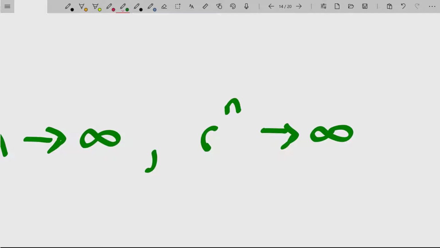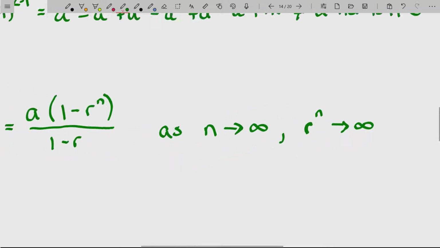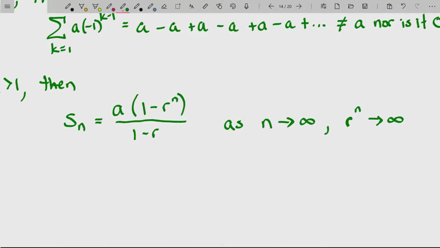If you have a number like 1.2 for r, and you let the power get massive, that number will be huge. If you have a number like -1.2 and you raise it to a massive power, that number will be huge. So because of that, this partial sum will approach either plus or minus infinity. It'll basically blow up as n goes to infinity.